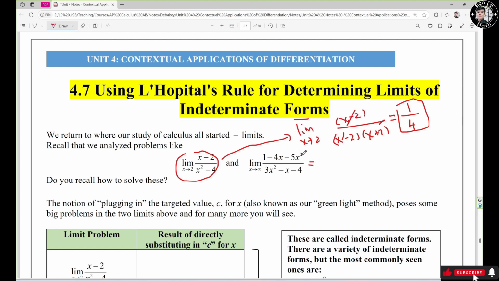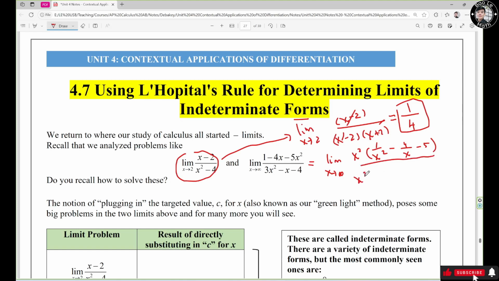you're going to factor s squared out. So it could be the limit when s approaches infinity of s squared times 1 over s squared minus 4 over s minus 5, right?